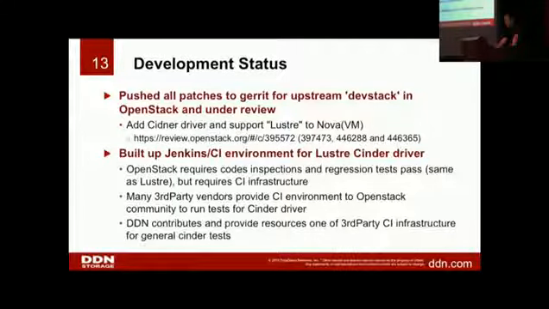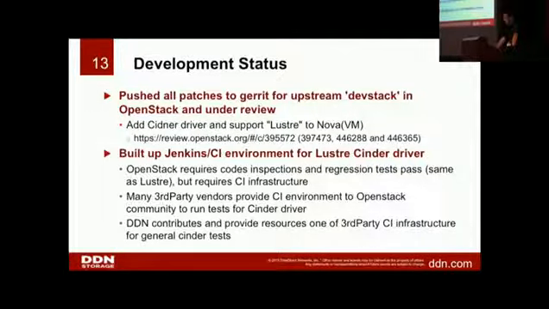Then once a patch for the Lustre Cinder driver is submitted, the master Jenkins on Git triggers the regression testing on our CI infrastructure. In order to support that kind of infrastructure, we contributed resources to the OpenStack community.